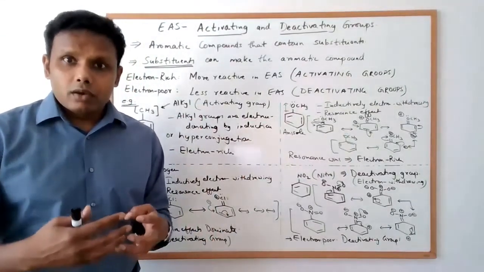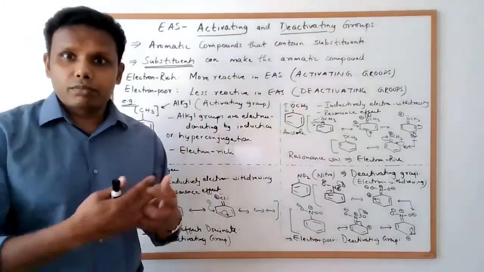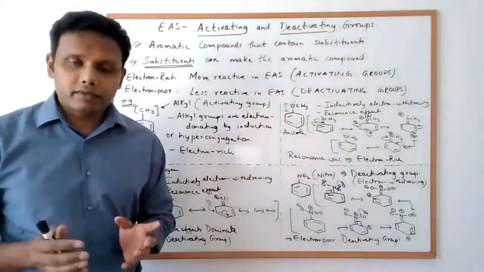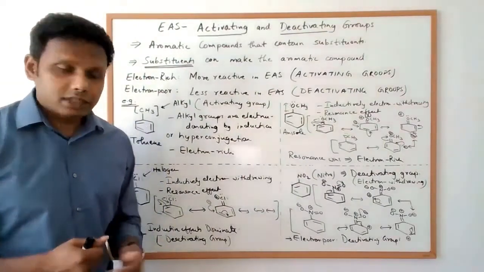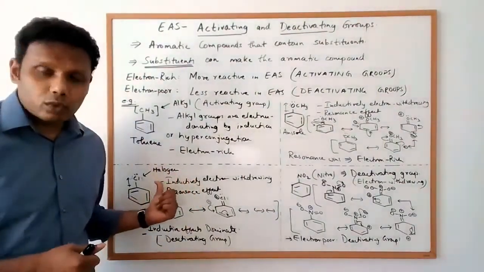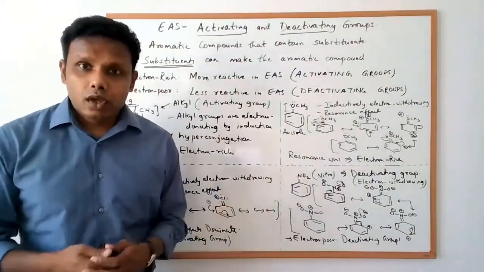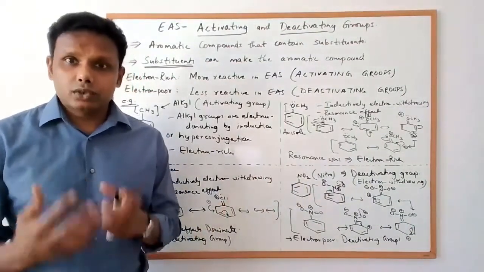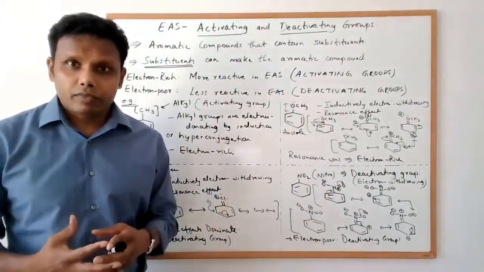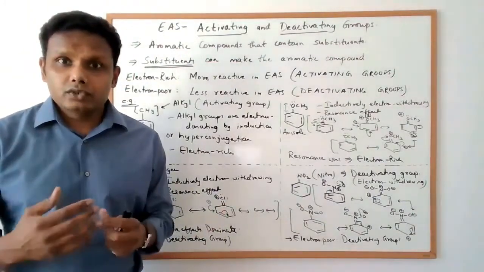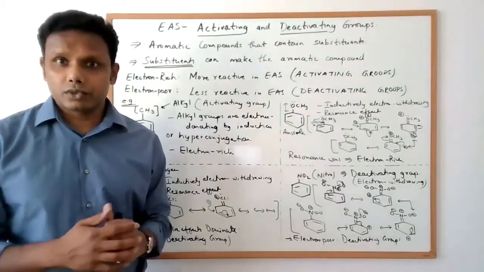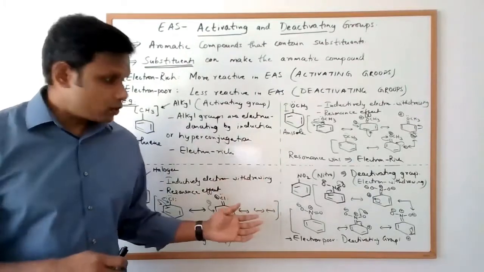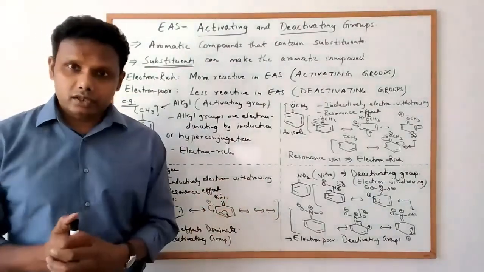The ring reacts much faster compared to benzene, which does not have any substituents. On the other hand, we have substituents like halogens, for example, chlorine, or nitro, which decrease the electron density on that aromatic ring. And hence, the ring is going to react slower in an electrophilic aromatic substitution reaction. And these groups are called deactivating groups.